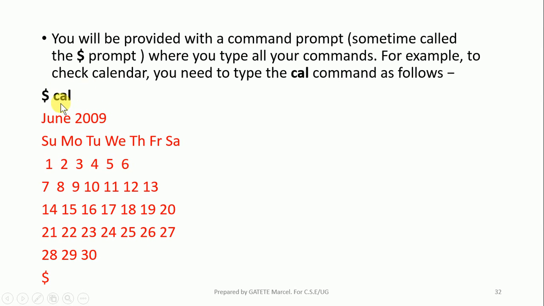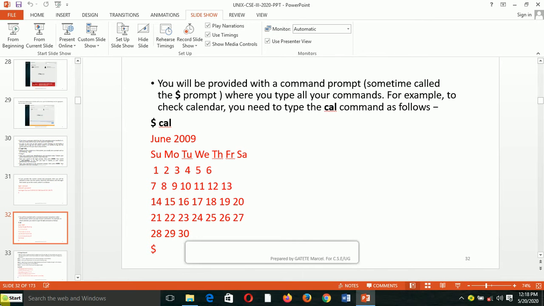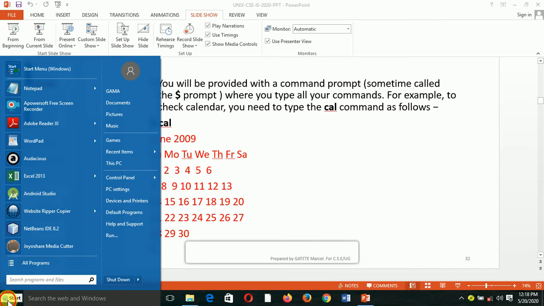This is an example, so let's check. I will explain, and after that we will go to VirtualBox and check what you have done and see what the output will be. I will first launch VirtualBox.